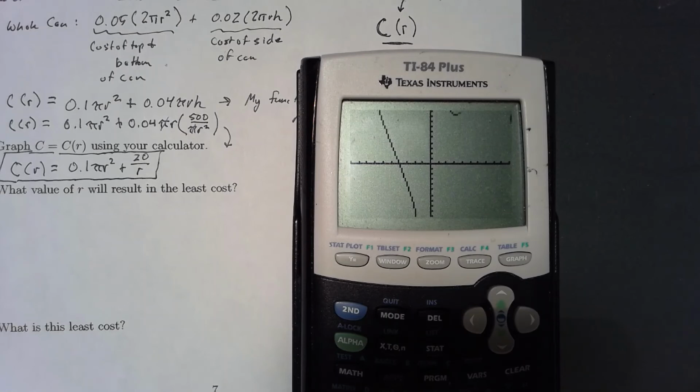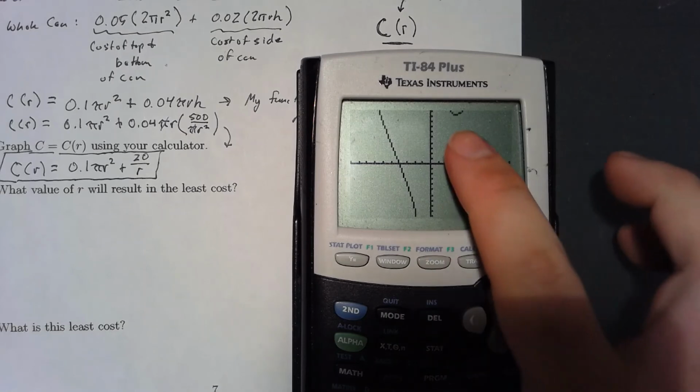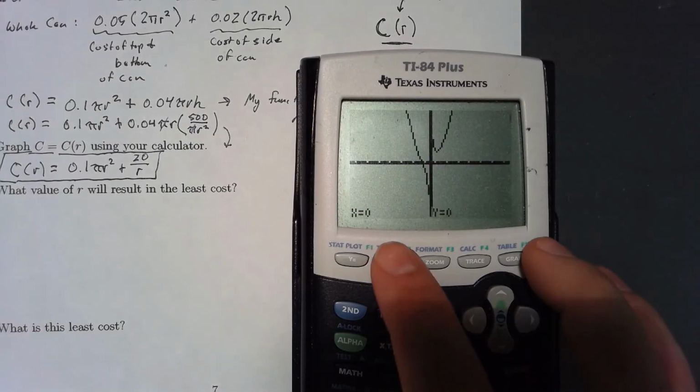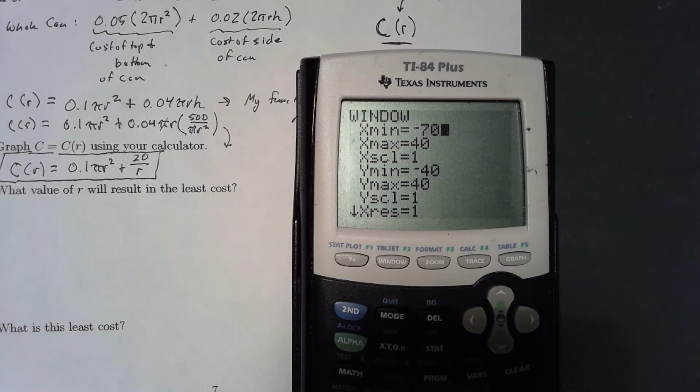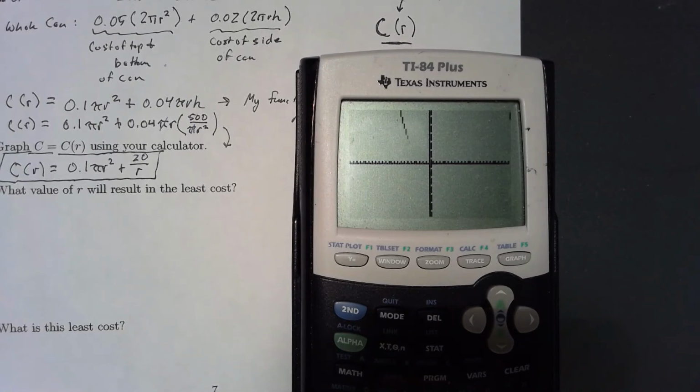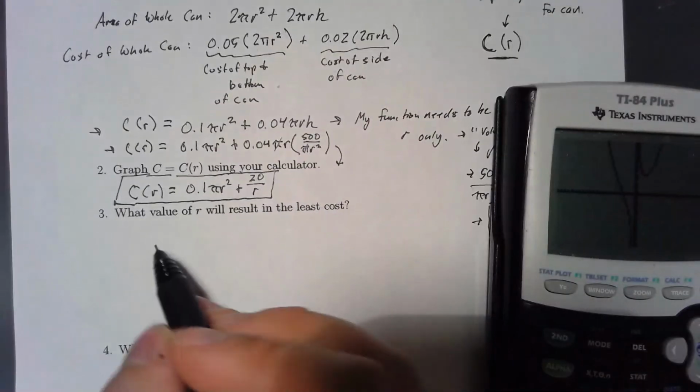So there is my, oh, the top is cut off there. Let me zoom out a little bit. Actually, that might be better. There we go. So there's my graph of my rational function, or here's my graph of my cost function.